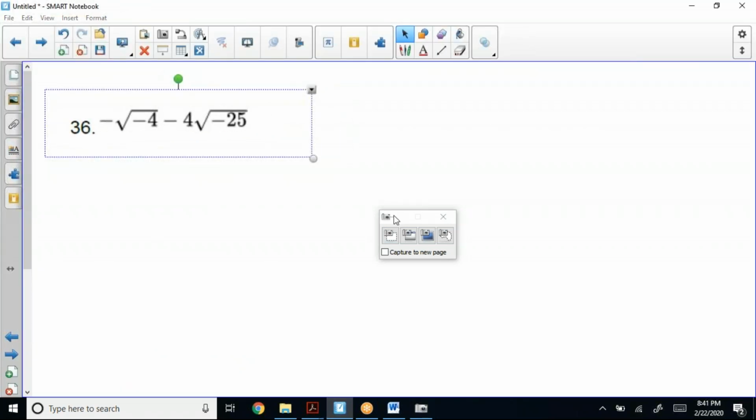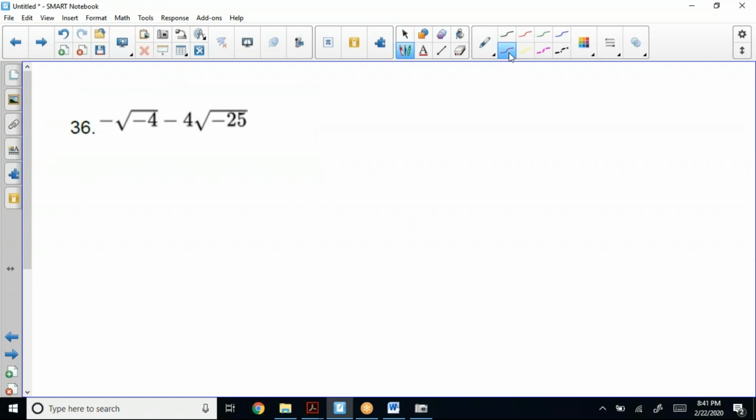Okay. So what we have to do on this, we've got negatives underneath our square roots, which we know we can't have. So basically, we can rewrite it as -1 times the square root of -1, and then what this thing is doing down here, times the square root of 4.